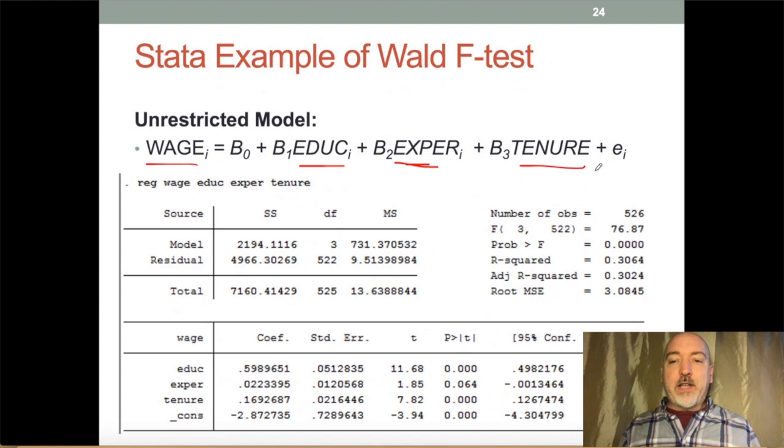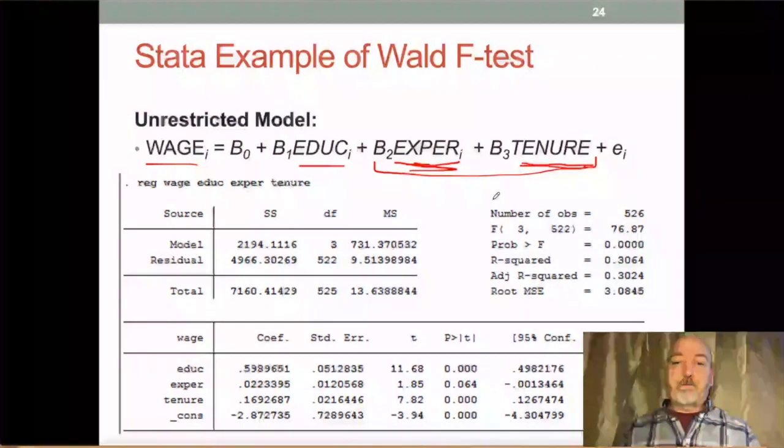And it might make sense, because these are both generally getting at job experience as determining your wage, that these might be two variables that could be grouped together in a null. We want to know, okay, if you take those together, do they significantly add to our explanatory power?